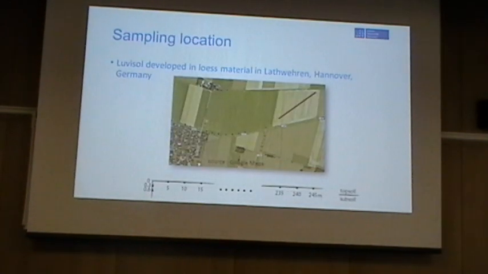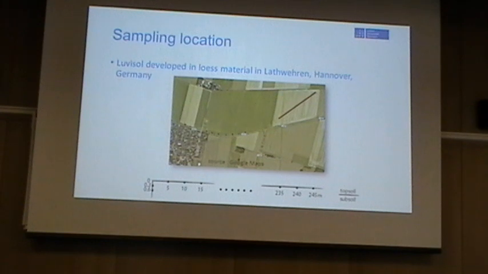In 2010, we investigated the spatial variability of heavy metal sorption in Latvia, southwest of Hanover. It's a piece of farmland. The soil is made from alluvial soil and developed in loess material. In order to distinguish the impact of different soil horizons on the sorption behavior, we took samples from two soil horizons, from 0 to 30 centimeter topsoil and 13 to 16 centimeter subsoil.